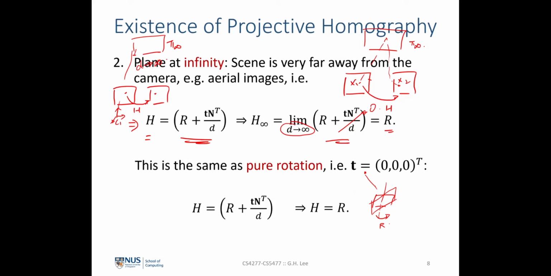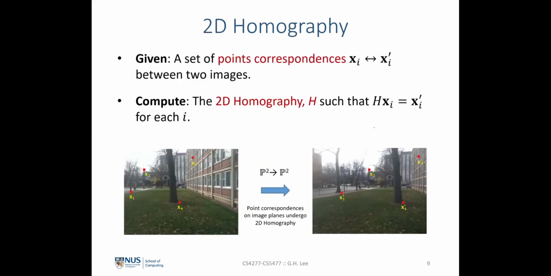This has a similar effect to the points lying on the plane at infinity, which we can see from this limit that at the end both have the same effect as pure rotation.